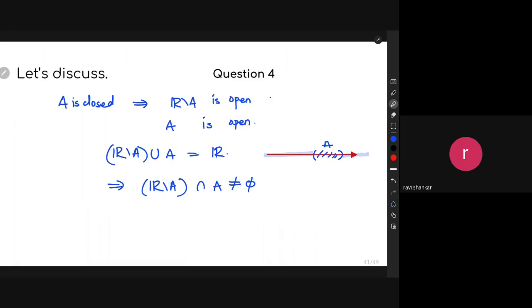If you unite them, you get R as a whole. But now this implies that their intersection needs to be non-empty, because their union is the whole of R and both of the sets are open, so they can't contain the limit points. Neither of them can contain this and this limit point, so their intersection has to be non-empty.